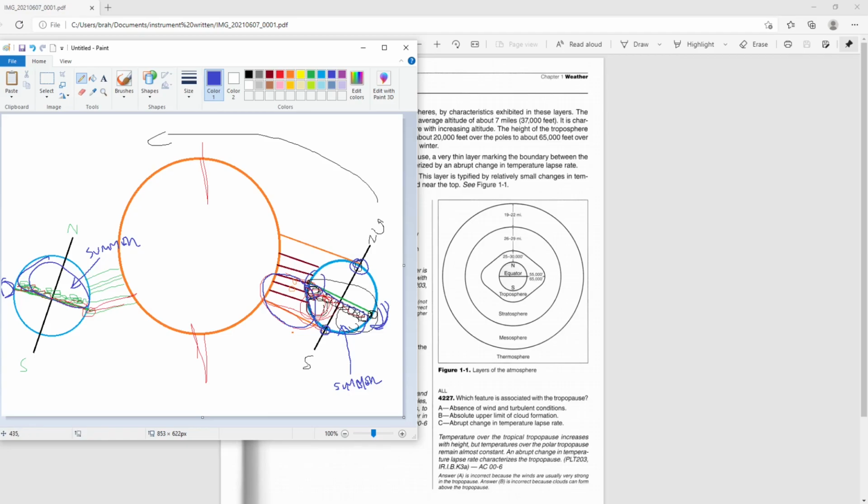So the distance between the sun and the North Pole and the distance between the sun and the South Pole is not going to be a great difference, right? So it might be a little bit closer to the South Pole, but it's still not a big difference, not as big of a difference as something from the equator is to the South Pole, right?